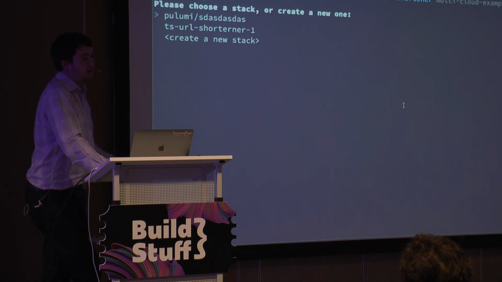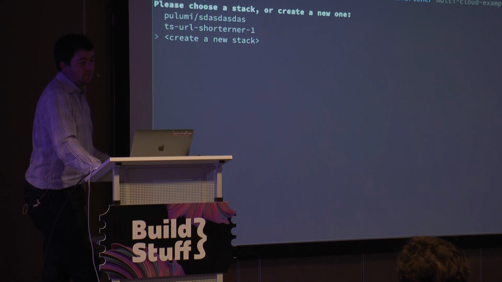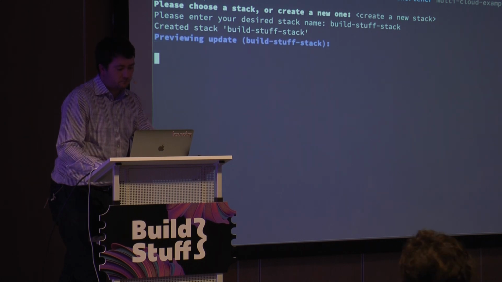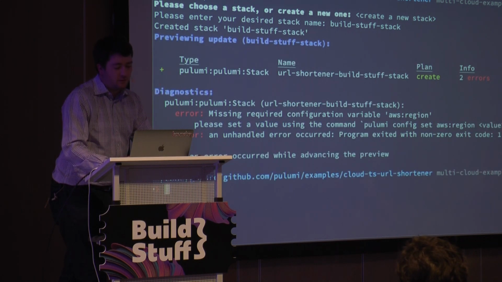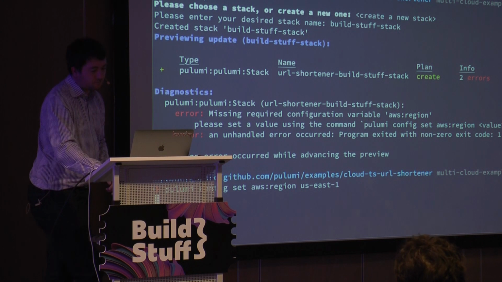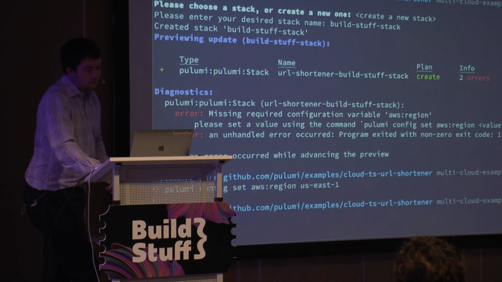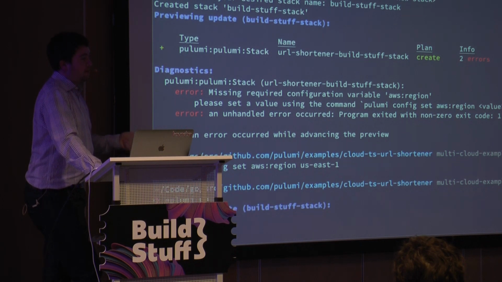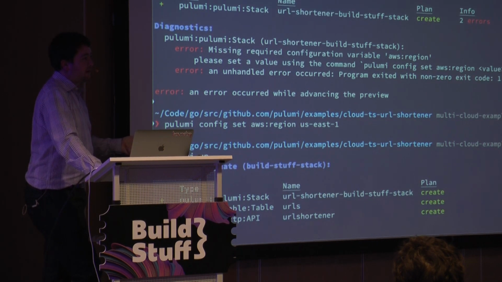It didn't talk about API Gateway. It didn't talk about S3. You have to tell it which region we want. So the program talked in generic terms about bucket storage, database table storage, and API gateways.